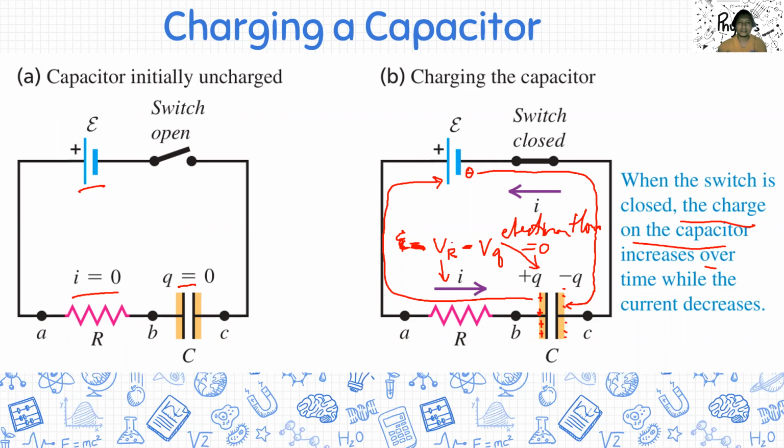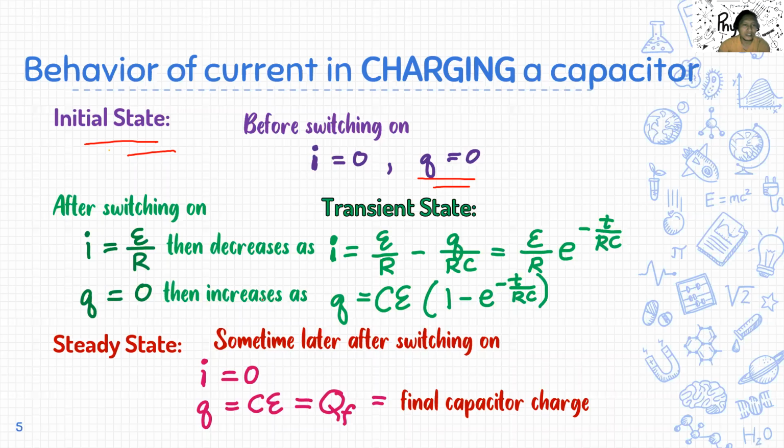Now your V_R is I over R. So that is what we get.